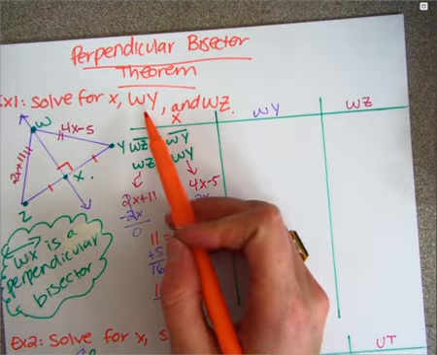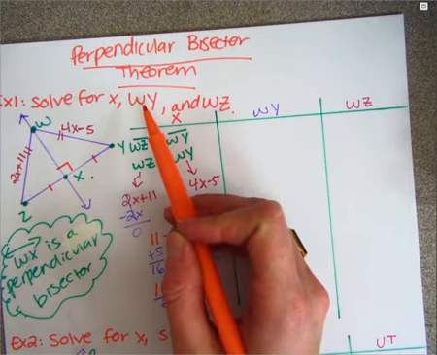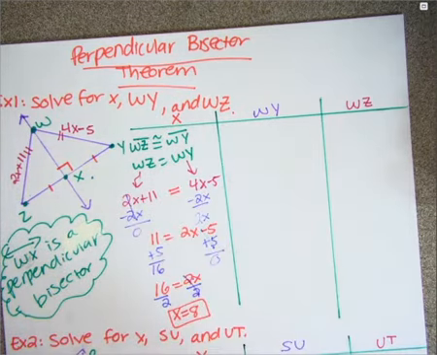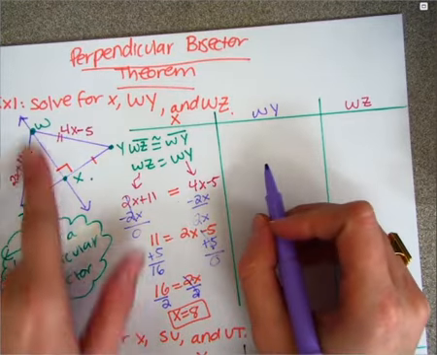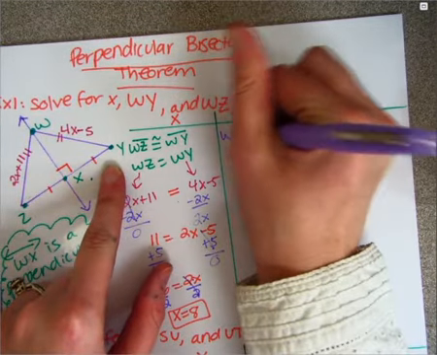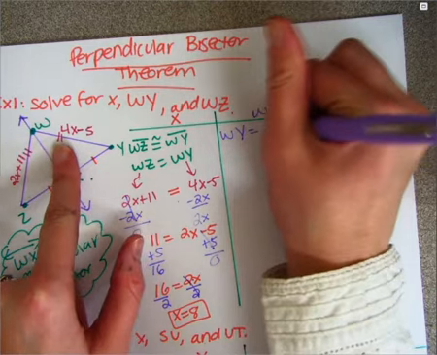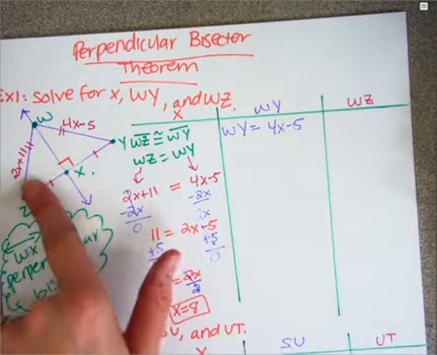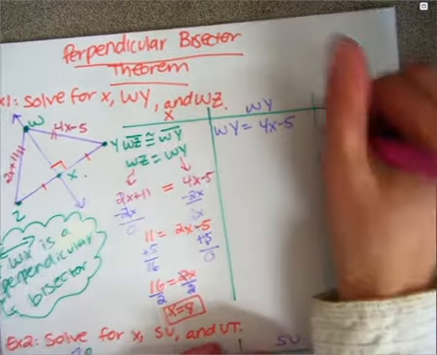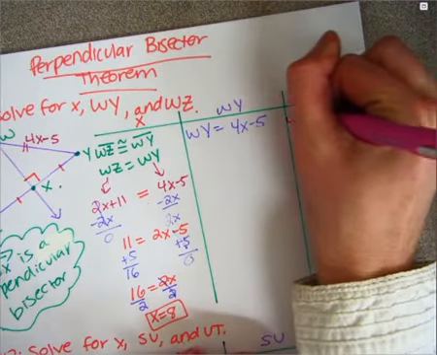We now need to find the length of WY and the length of WZ. All right, let's set these things up. So WY equals 4x minus 5, and WZ equals 2x plus 11. And that's my Z, you guys.